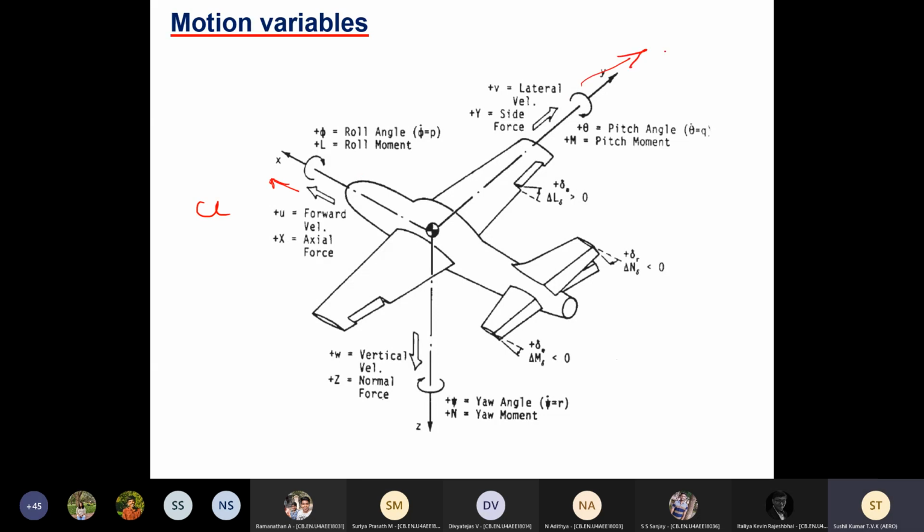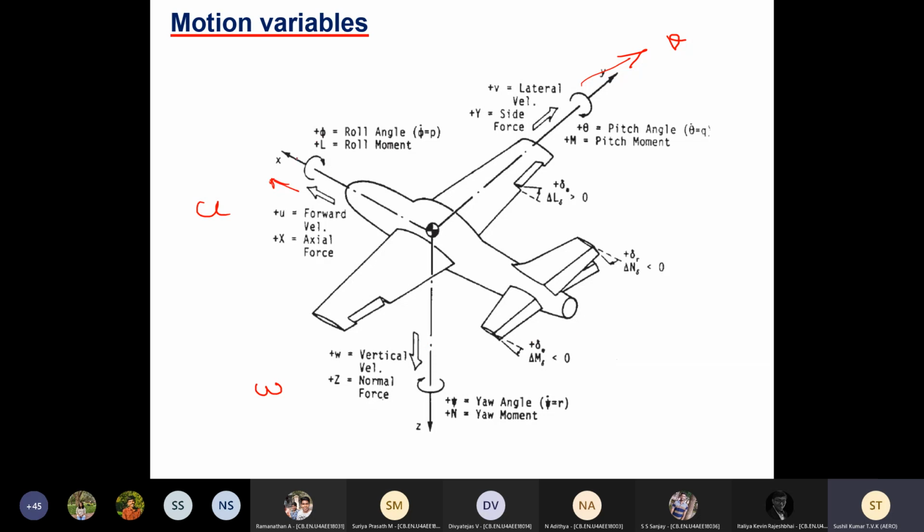Lateral velocity is v, small v. Velocity in the vertical direction is w, and w going down is positive. Remember that it's not going up that is positive. We are taking it down as positive.